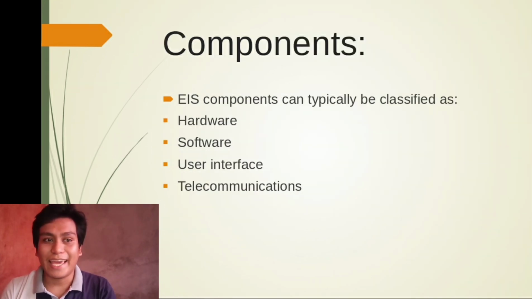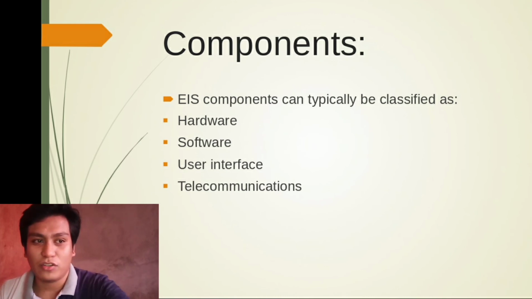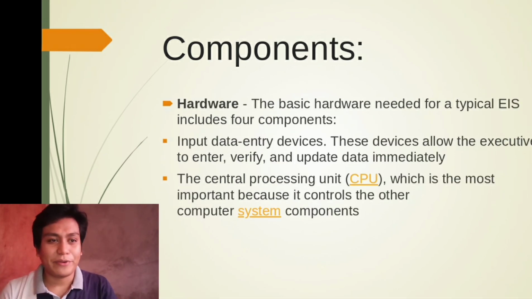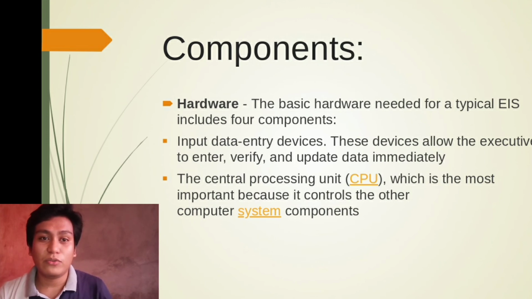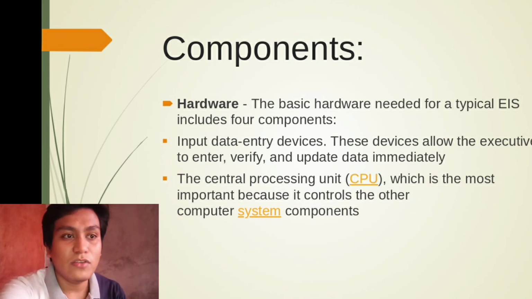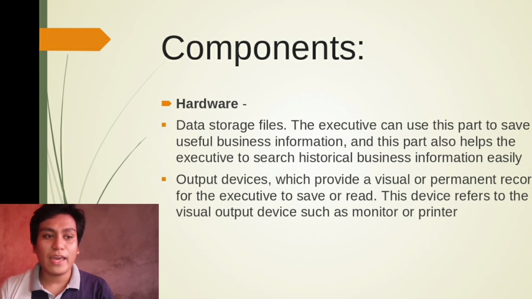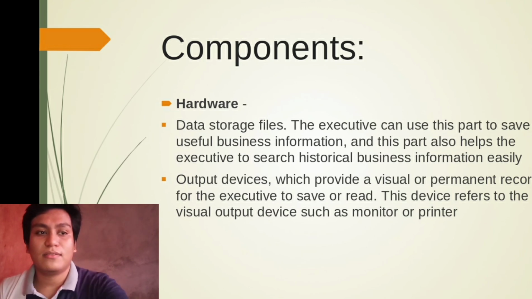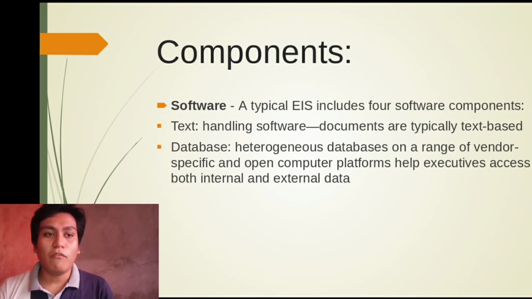The components of the EIS: hardware, software, user interface, and telecommunication. First is the hardware. The basic hardware needed for a typical EIS includes four components: input devices, the central processing unit, the storage files, and output devices. Second is the software.